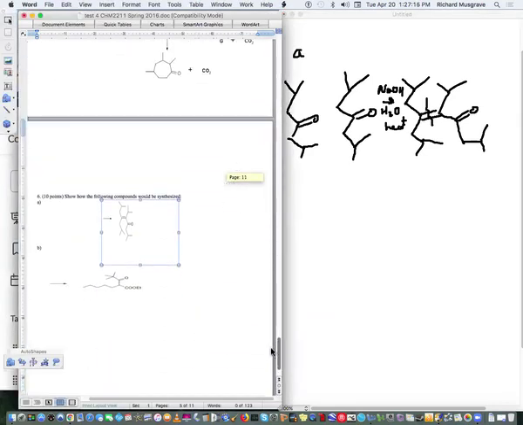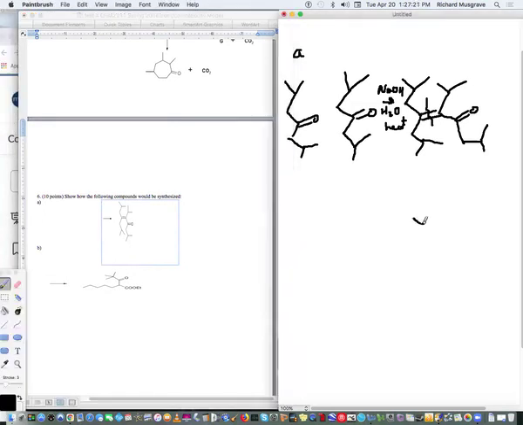And part B is the glycine condensation, or specifically a crossed glycine.